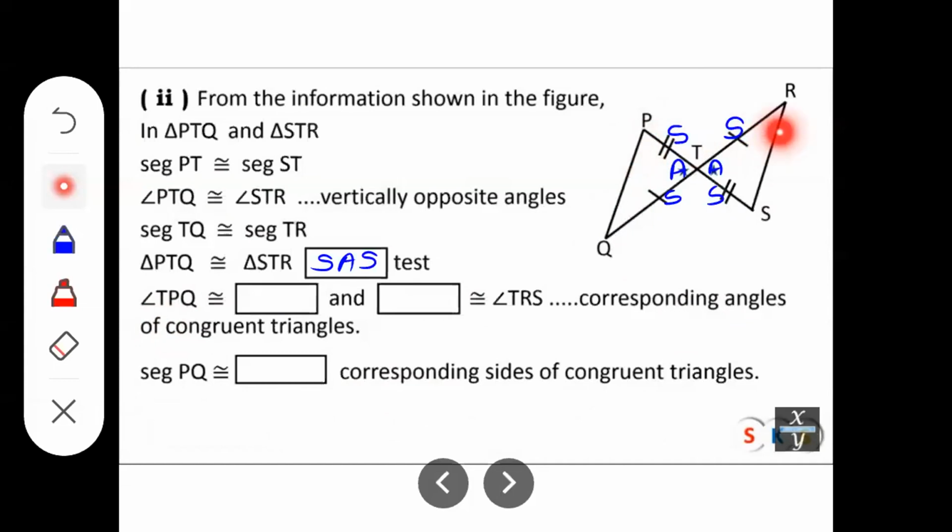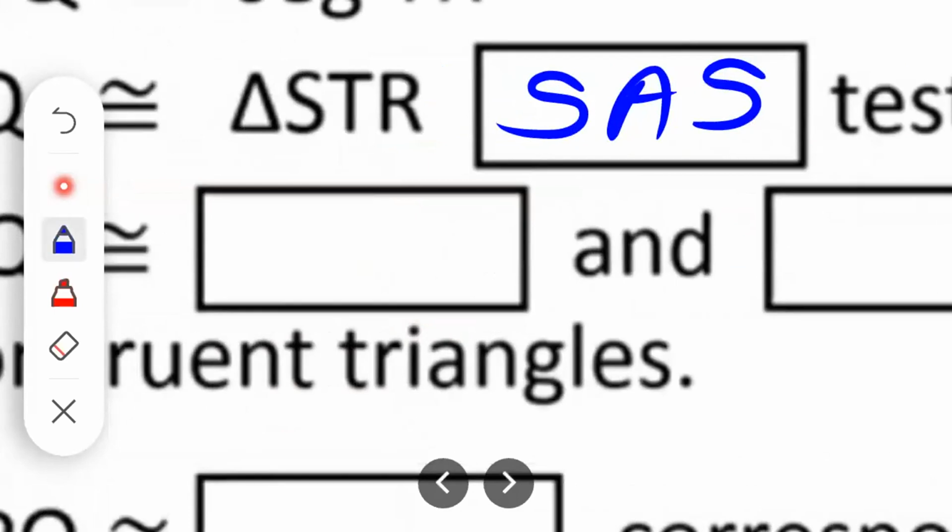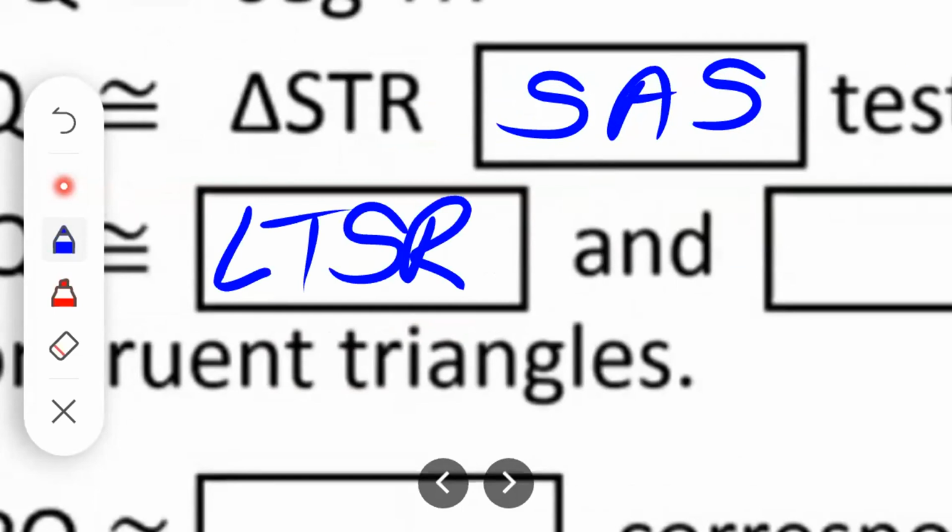As here P, the corresponding vertex is S. So, the angle will be TSR. Let's write it: angle TSR with angle TPQ.